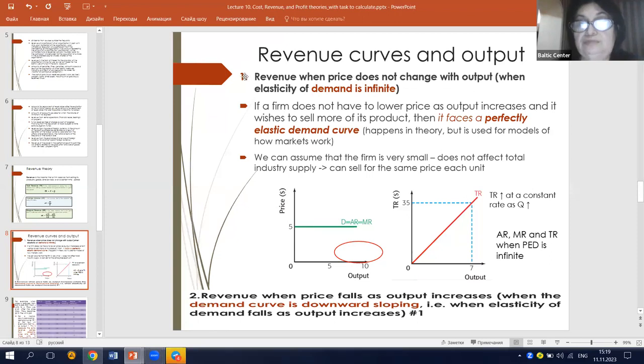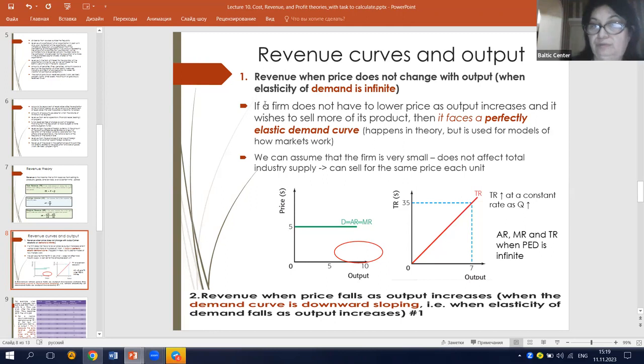So the first case, when the price does not change with output, when the elasticity of demand is infinite, когда эластичность спроса, она не определена, да, is infinite, да, беспредельно. If a firm does not have to lower price as output increases, it wishes to sell more of its products and services, yeah, and it faces a perfectly elastic demand curve.